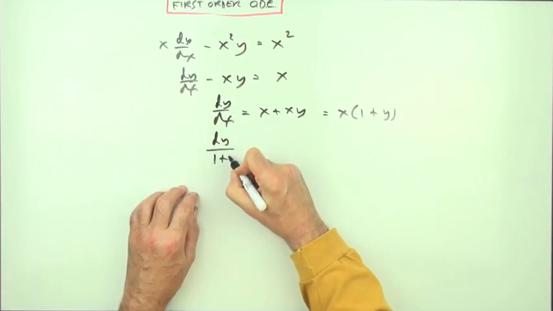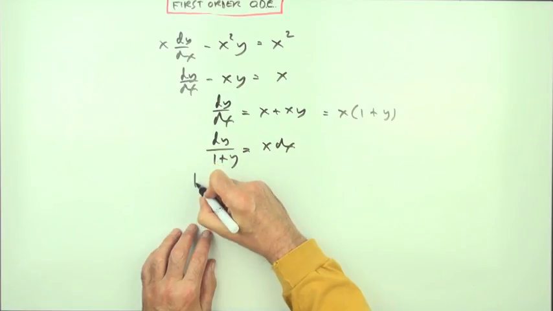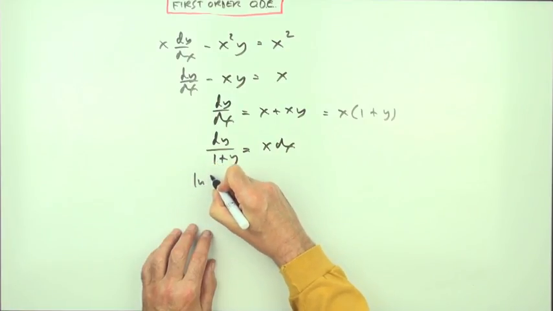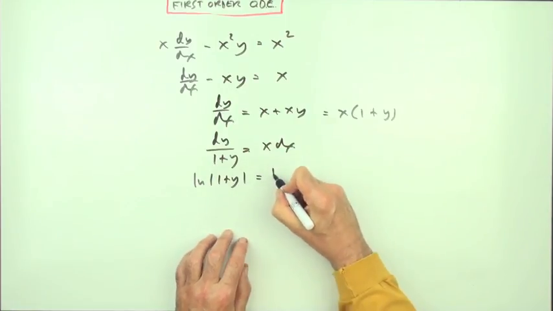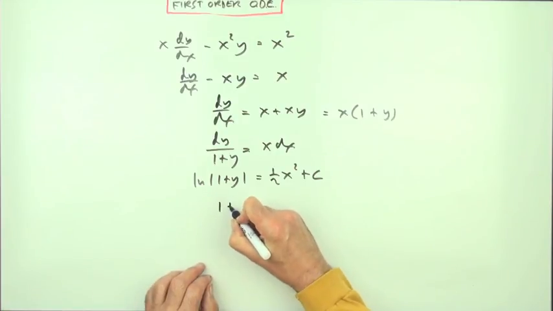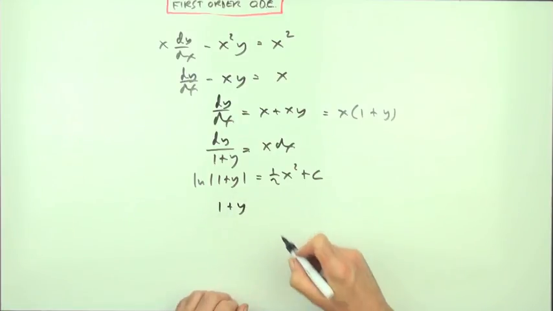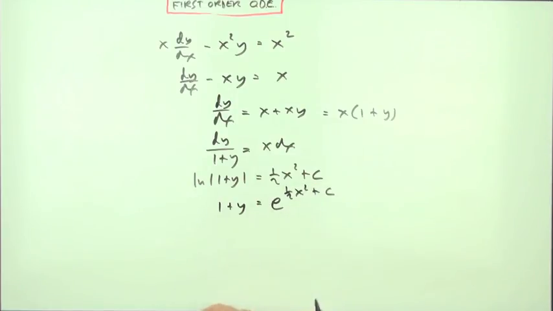So you can separate it. dy over 1 plus y equals x dx. And I should have thrown in the integral signs before I carried on. ln of 1 plus y equals a half x squared plus c. So 1 plus y, escaping from the log, would give you e to the half x squared plus c.